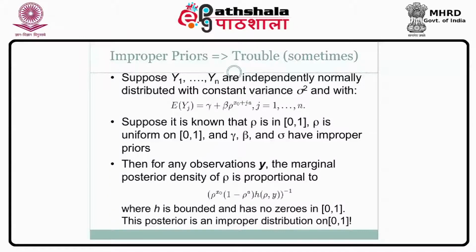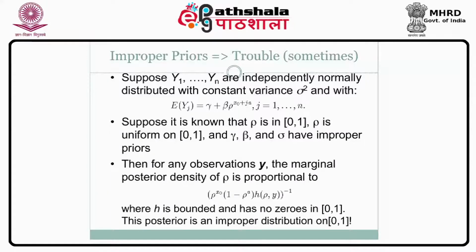So suppose you have y1, y2, ..., yn independently normally distributed with constant variance sigma square, and with expectation of yj, the mean, turning out to be some nonlinear function like this, where as usual we assume that rho lies between 0 and 1. So what we can do is assume some uniform prior for rho, and gamma, beta, and sigma have some improper priors.